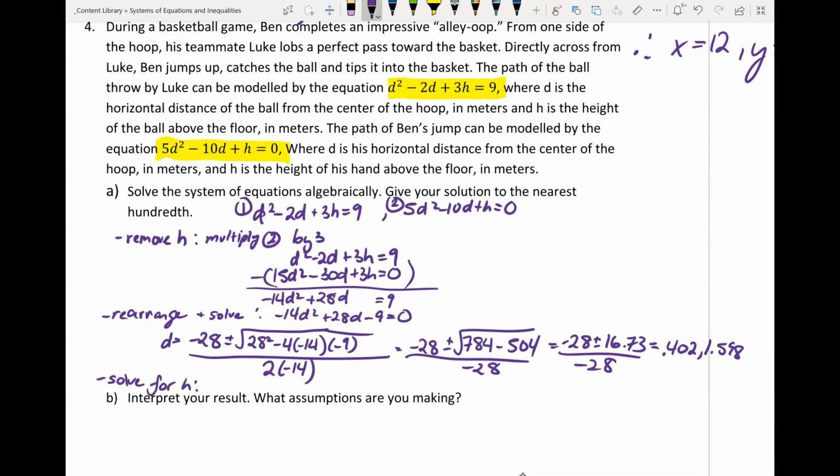So for h, we can just rearrange equation 2, and h would be 10d minus 5d squared. And then we're going to plug in our d. So our first one is going to be 3.214.